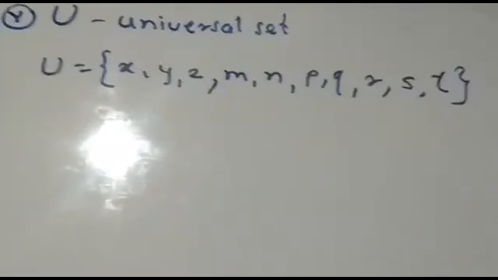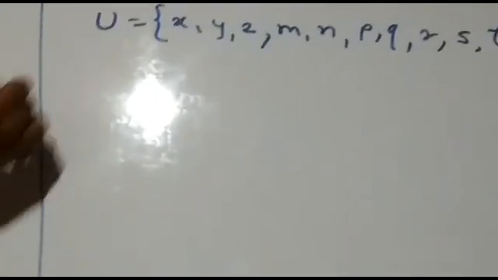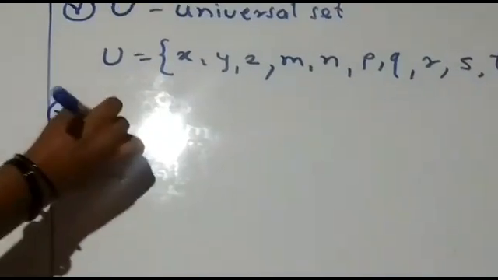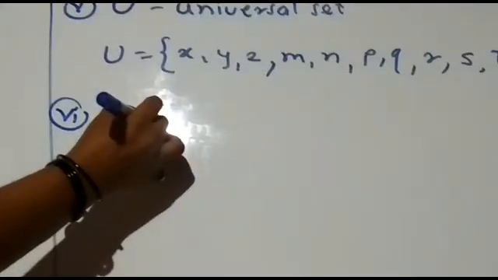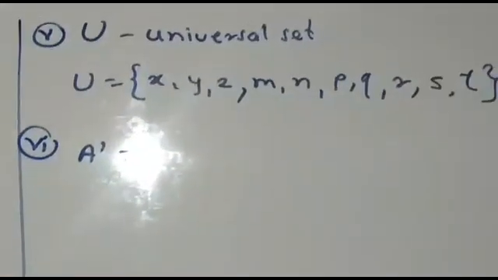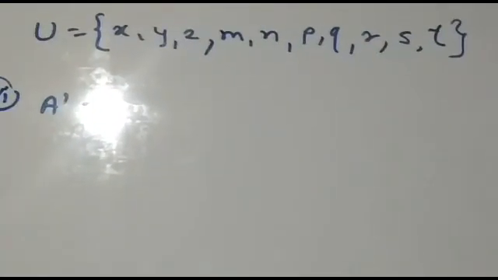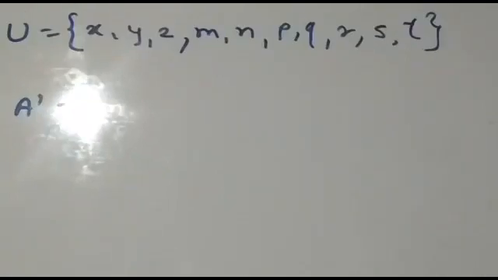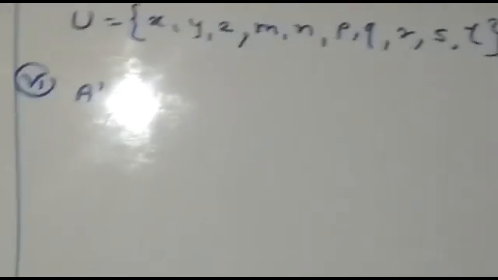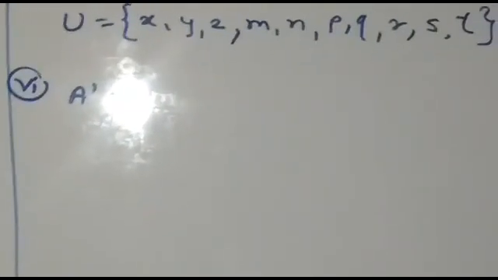Then next, A complement. A complement is equal to... How to write A complement? We saw in the last video how to write the A complement. Here we compare between the A and U set.